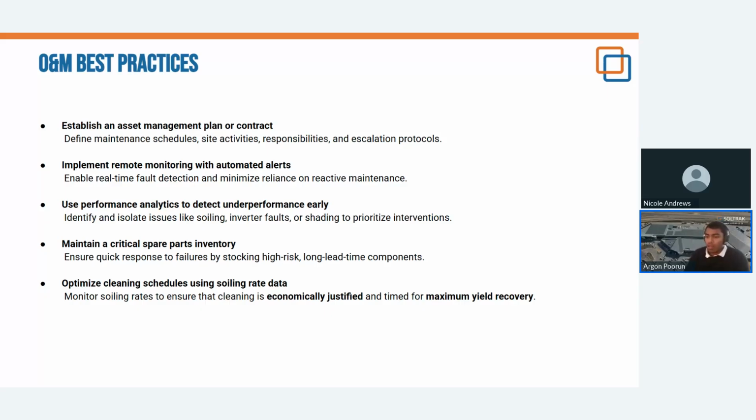And then lastly, optimizing cleaning schedules using soiling rate data. So what a lot of service providers will do is they will either clean when they've identified a clean needs to take place, so when they've identified that the site seems to be soiling, or they'll have a schedule based on season.